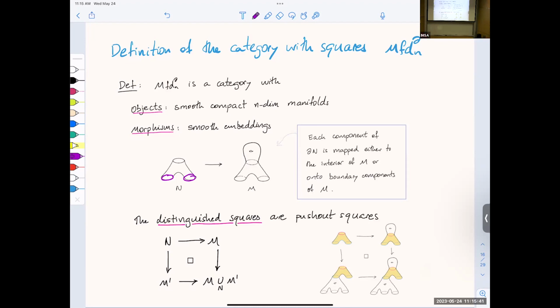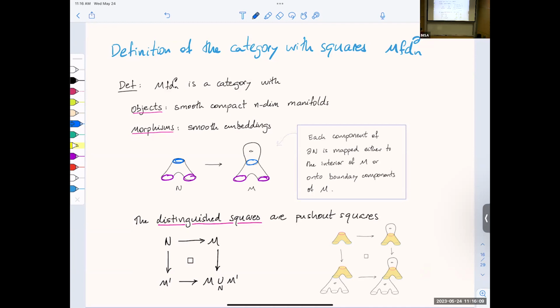So these two that I just highlighted, you see how they're going in here. And maybe this other boundary here is going completely to the interior. We have this rule, since we are allowed to choose, because we are essentially creating the data for our category. That's a choice on what our morphisms are going to be, and that's what we mean by smooth embeddings.